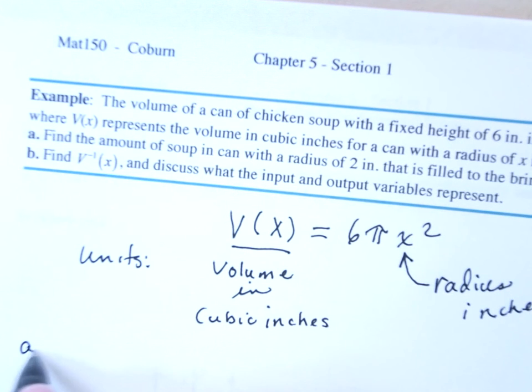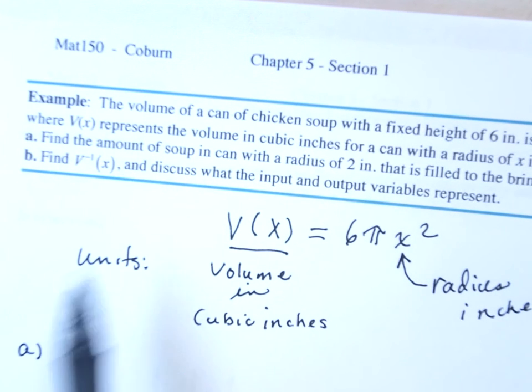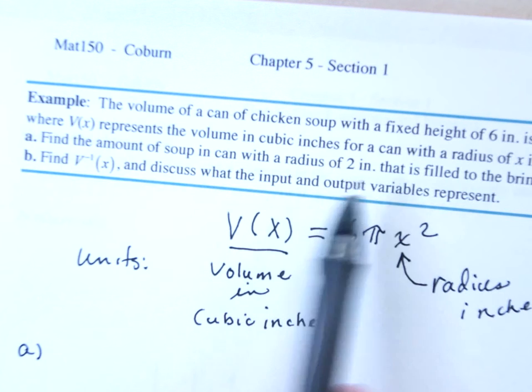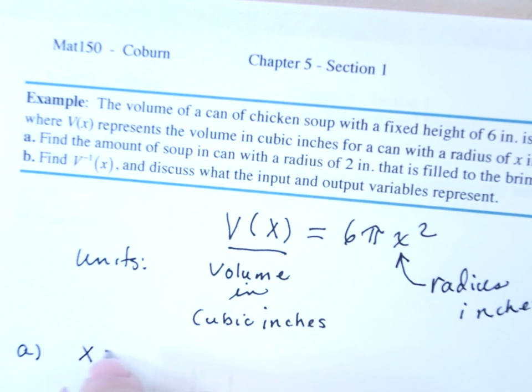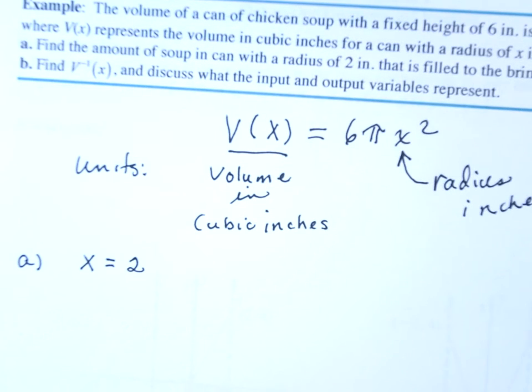So part A says, find the amount of soup in the can with a radius of 2 inches. That's easy peasy. That says x equals 2. We're dealing primarily with functions in 2 variables. You're either going to put in x and get out y, or put in y and get out x.